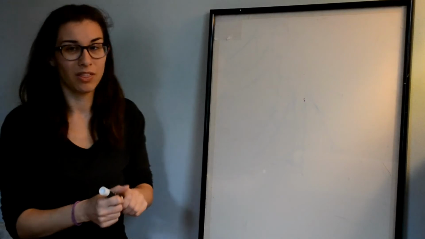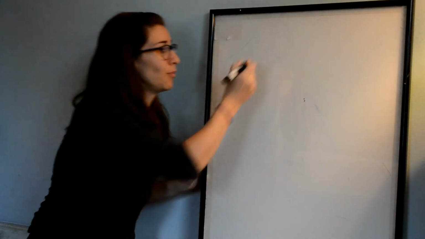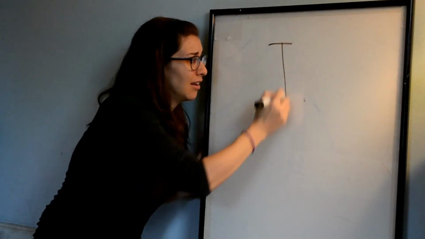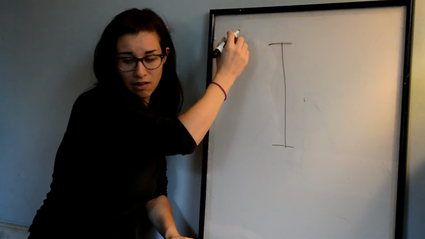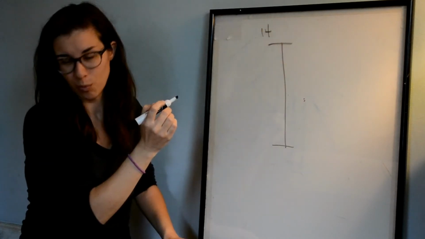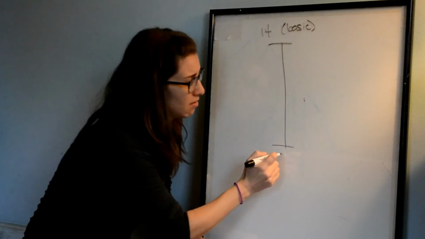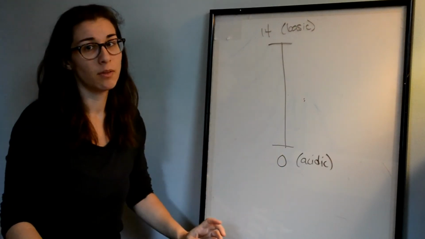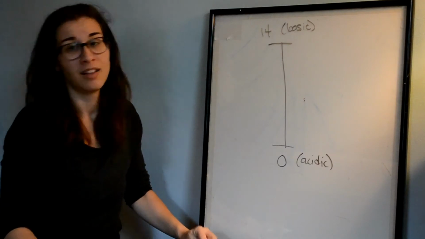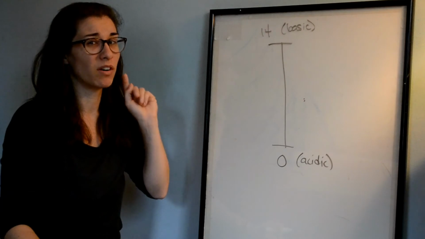So basically, the blood has to be at a specific pH. If we have our pH scale, this being 14, which is basic or alkaline, and then 0 being acidic, the pH of the blood has to be between 7.35 and 7.45.